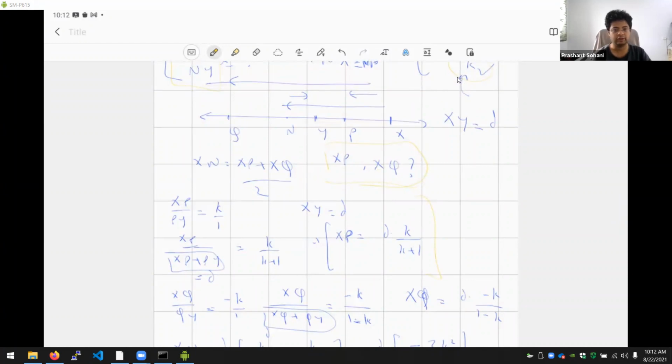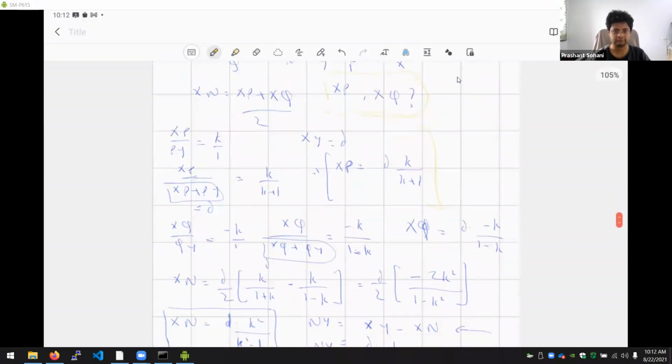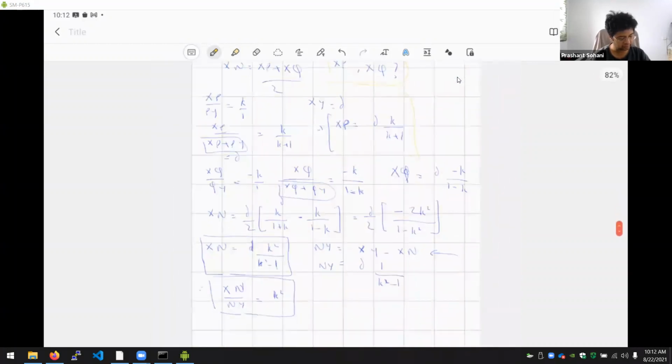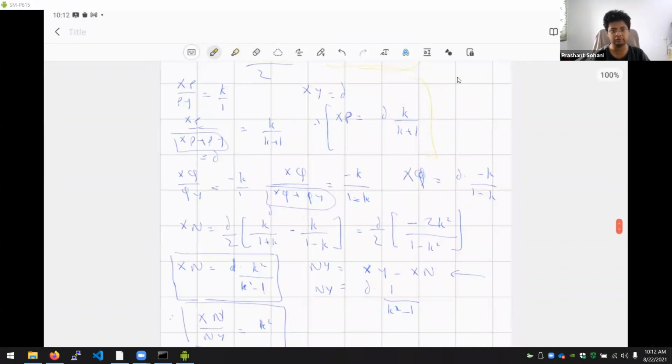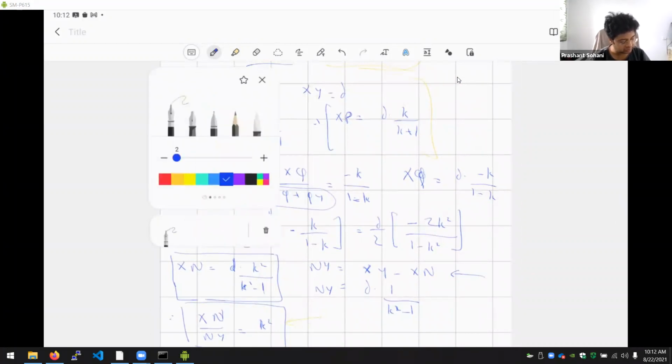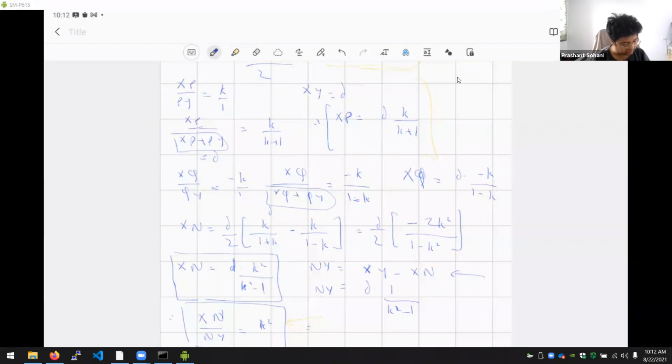If we know the ratio and we know the distance xy, then we can find the individual parts. I'll just leave this on the screen for a minute if you want to copy anything down. But the final conclusion we are interested in is that xn upon ny is equal to k square, which is, by the way, nothing but the square of the original ratio. So it is nothing but xp upon py whole square. This is the important part: xn upon ny is equal to the square of xp upon py.